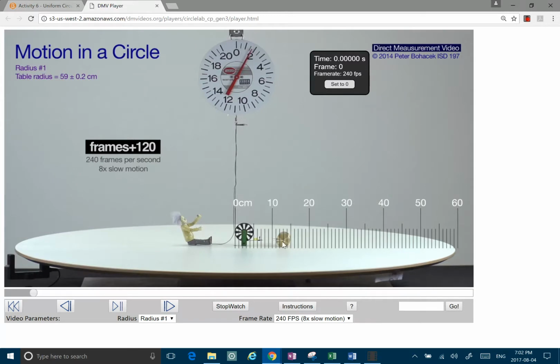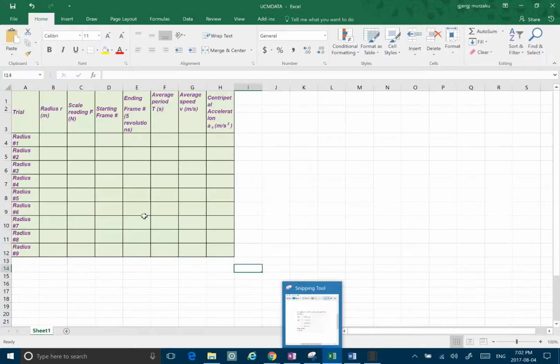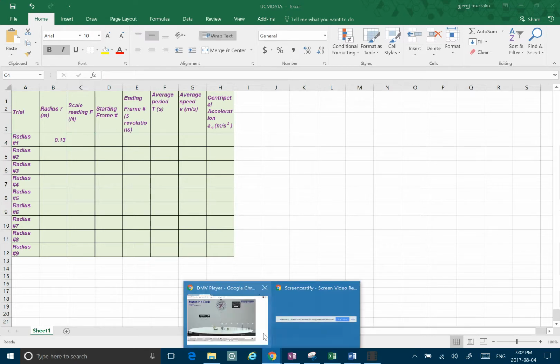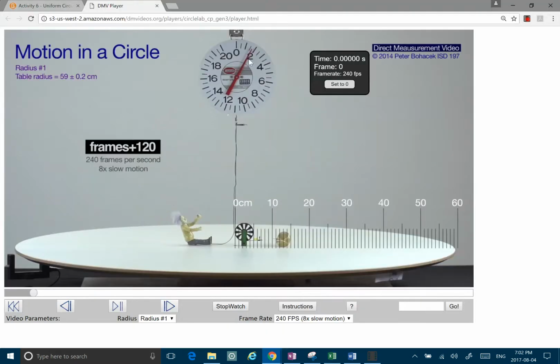And then we're going to do the ending frame for 5 revolutions. So let's record the radius. The radius is right here, which is about 13 centimeters. So we write the radius is 13 centimeters, but we have to put it in meters, so it's 0.13. Let's do the reading on the scale as well. So the scale is up here, so it's about 1.5, 1.7, right?